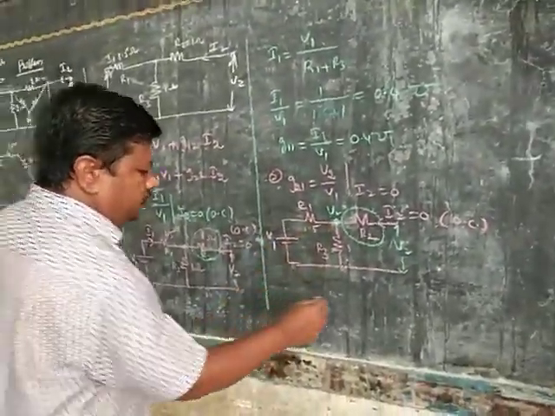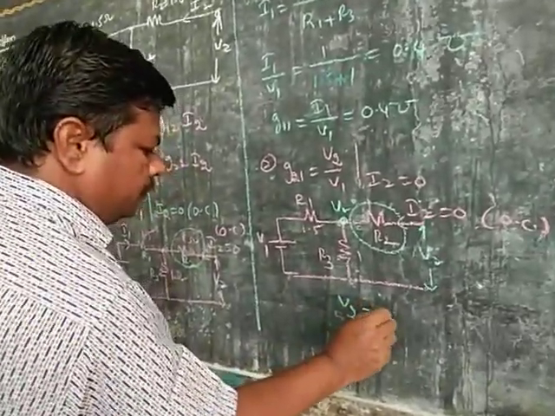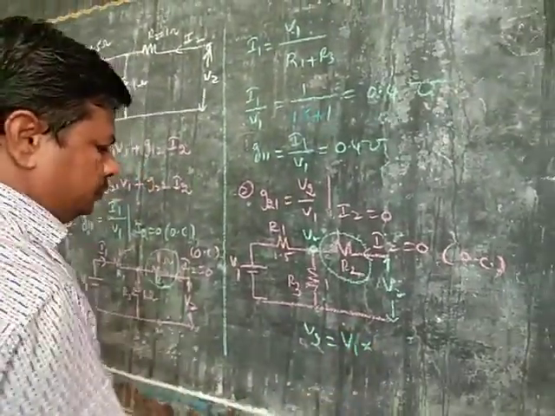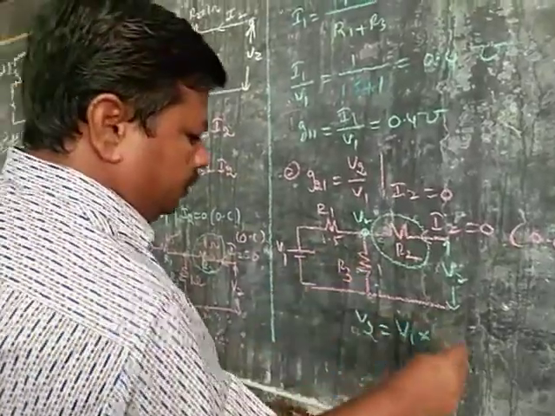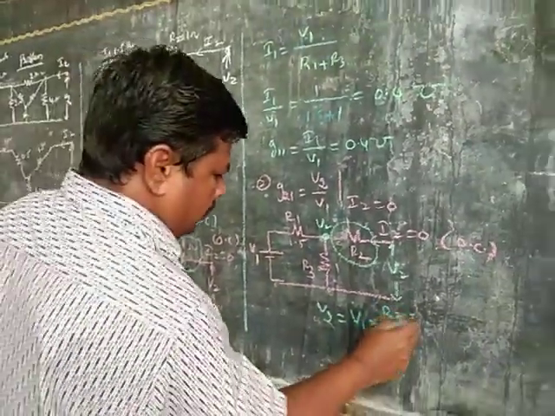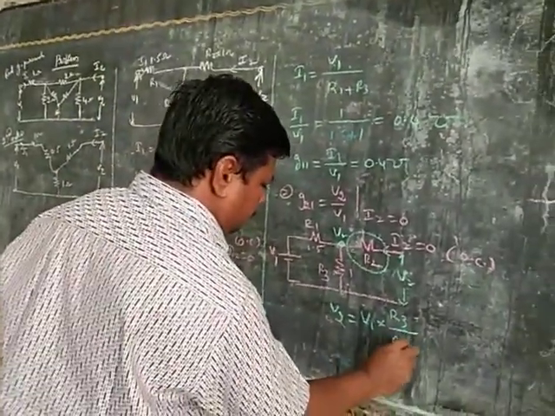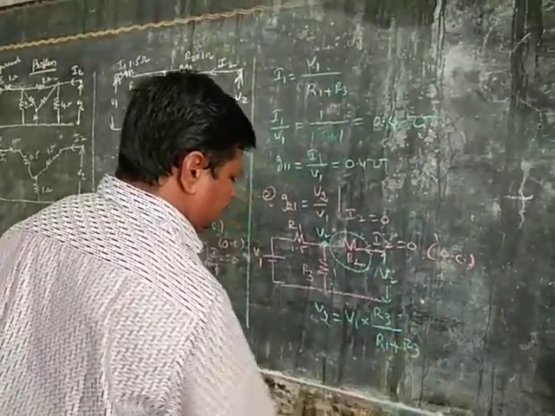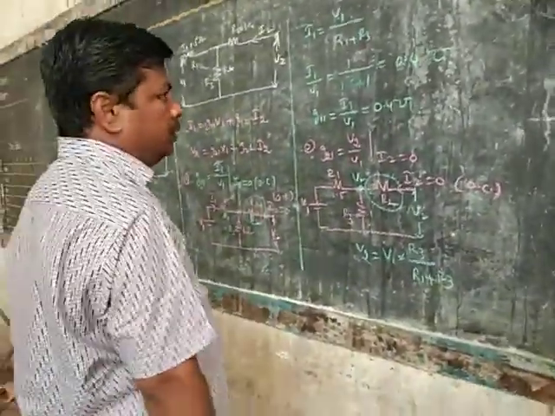Apply voltage divider. V2 is equal to V1 into R3 by R1 plus R3. Then substitute here.